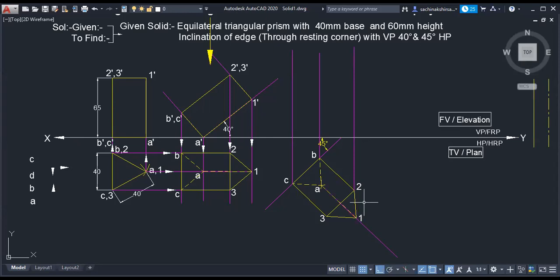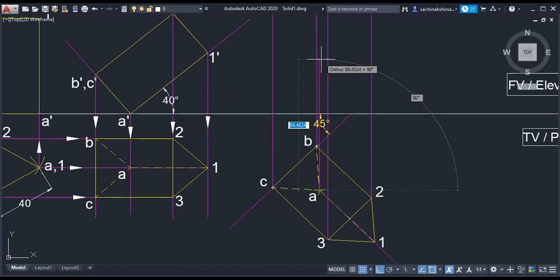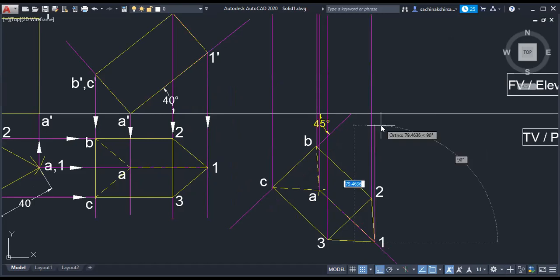Six different projection lines are coming. Or is 1 and 2 overlapping somewhere?